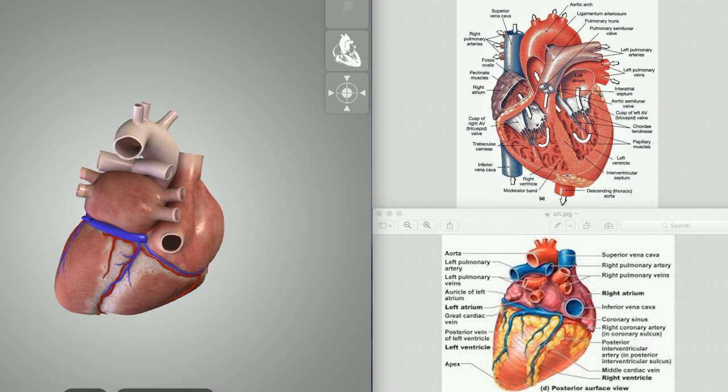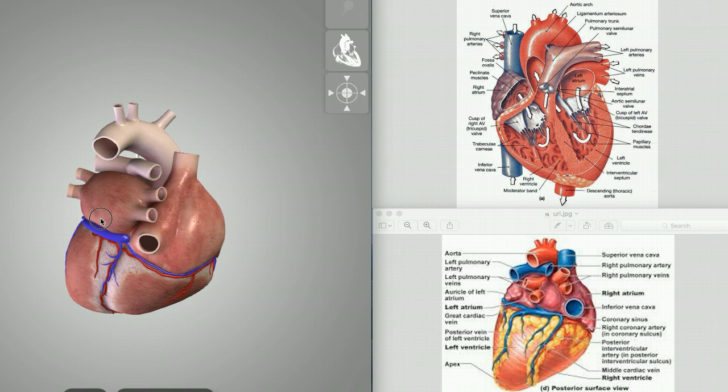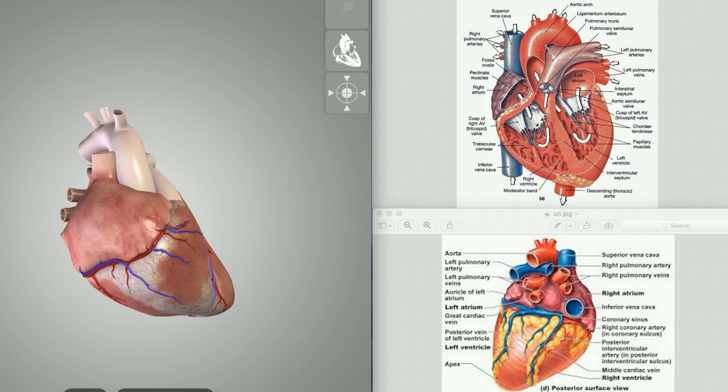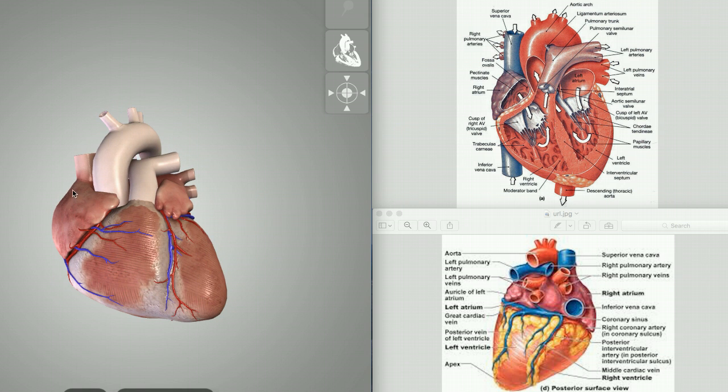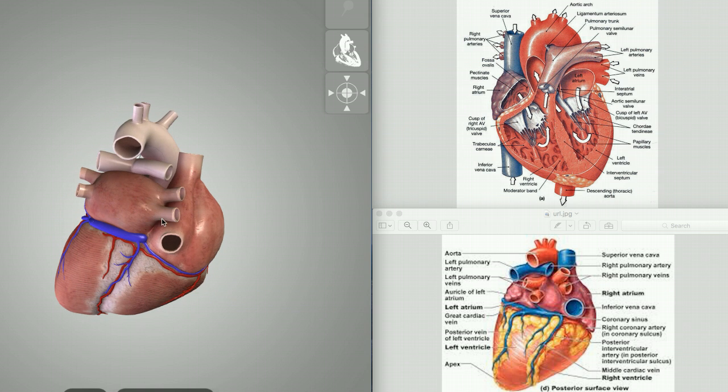in the posterior view, you can see the atriums and you can see the ventricles. As I said before, if we go to anterior, this is the right atrium, this is the left atrium. If you go back, right atrium, left atrium. Now we'll discuss all these different valves in a bit more detail.